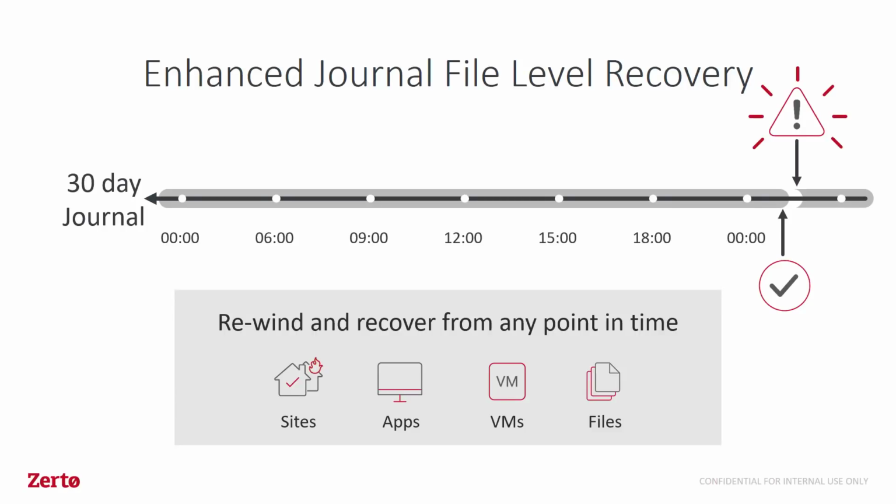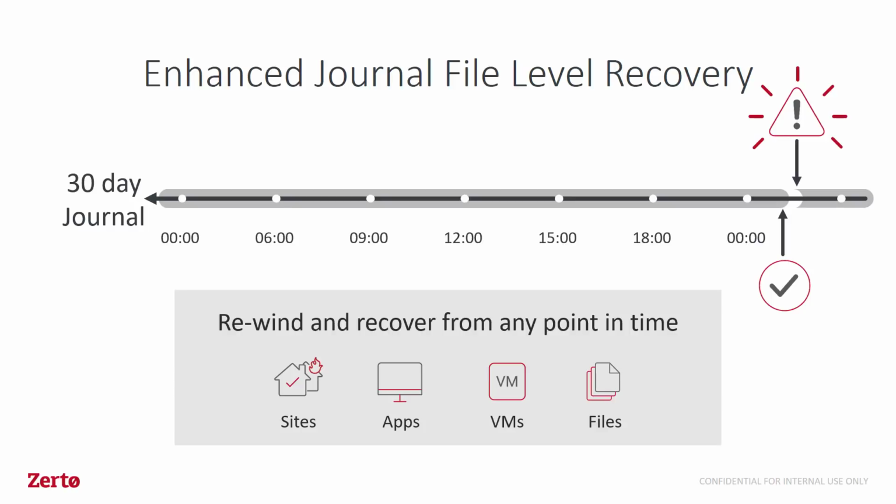Thanks, Ryan. Now I want to talk to you about our journal file level recovery and the enhancements that we've made to it in 6.0. One of the best features, probably doesn't get enough airtime, is our journal file level recovery. If you know about how Zerto works, we have a journal. This journal is kind of like your DVR. It gives you different checkpoints that you can go back to.